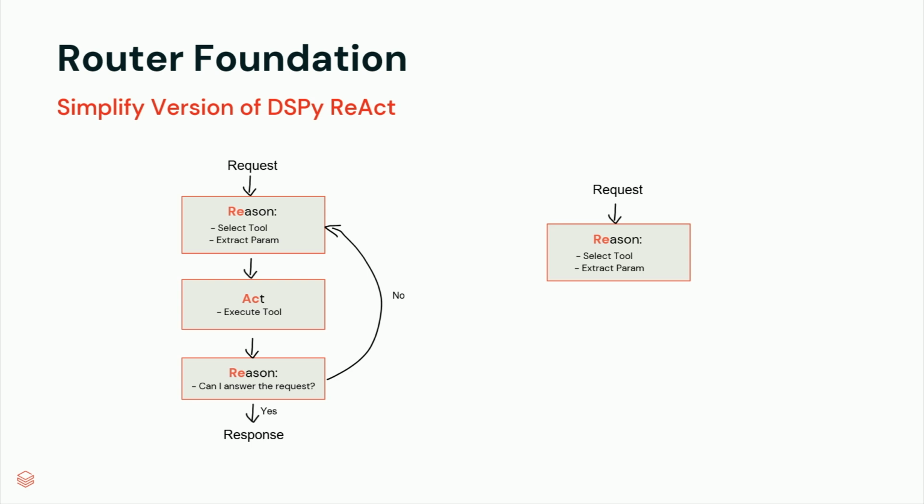And I created this router pattern, which is just a simplification that only does a single reasoning step, selects the tool, extracts the parameters, then it calls the tool, and finally, it gives you either the response out of the tool, or if there is an error, which tends to be particularly in the parameter extraction part, then it focuses on just extracting the parameter and solving that problem. So it will skip selecting a tool. It will just focus on better extracting the parameters.